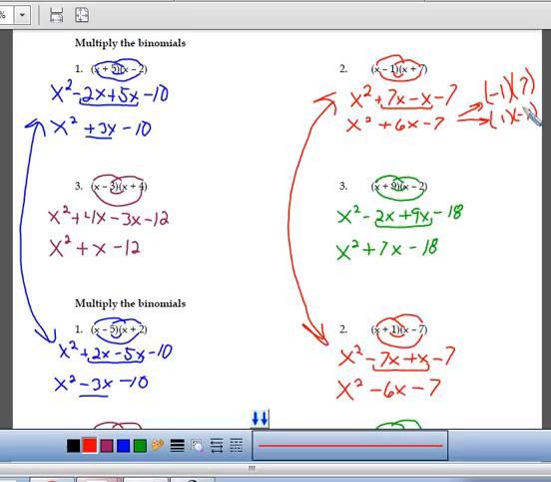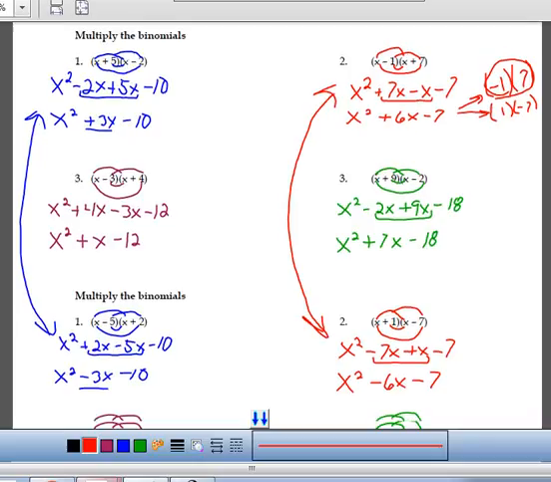So after I decide, well, okay, these are the 2 factors, so which one is it? Look at that middle term. Because it's a positive 6, if I add these together, which one's going to give me positive 6? It's this. So that's how I know when I factor it, when I go backwards, I'm going to get x minus 1, or negative 1, and x plus 7, or positive 7. All right?